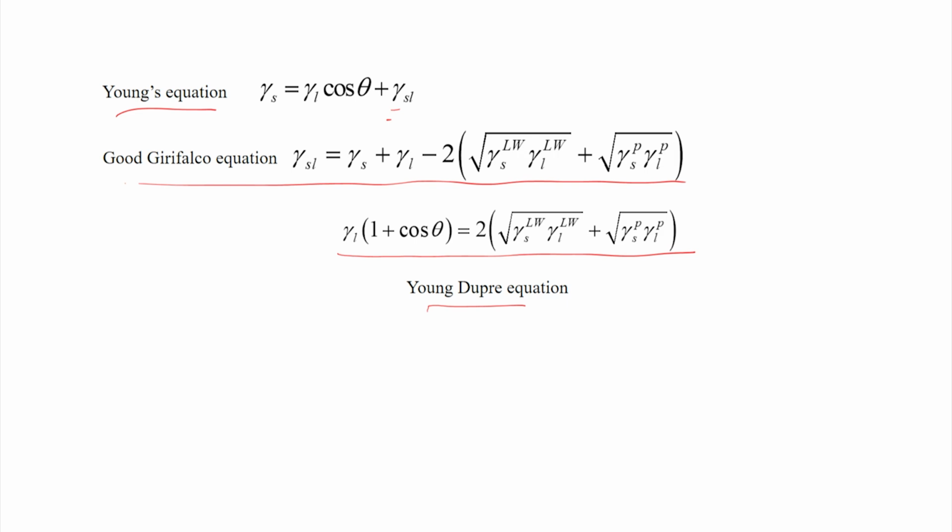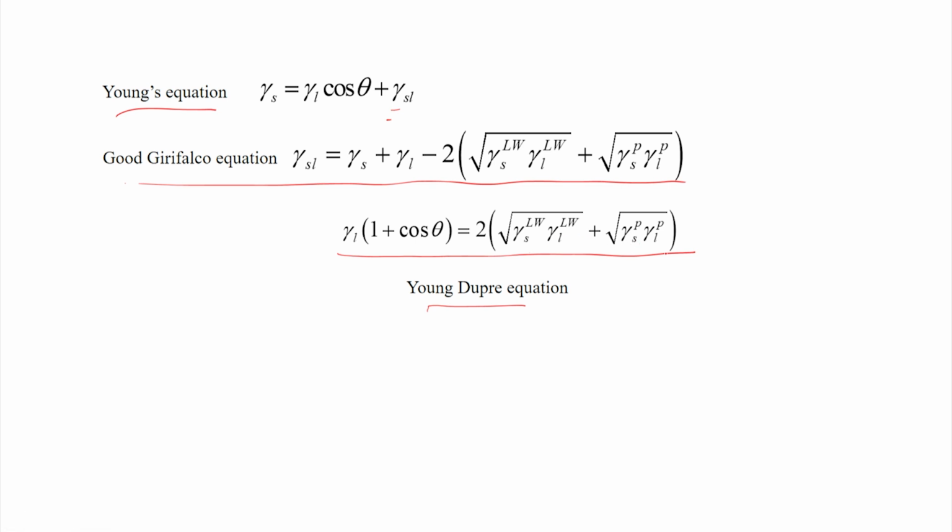The Young-Dupré equation is used very often in this area of research, in which we measure the contact angle of a liquid on a solid surface. If we know the dispersive and polar surface energy components of the liquid, we can then find gamma S LW and gamma SP. But no, that is not correct.